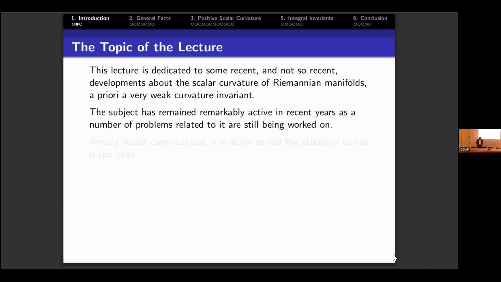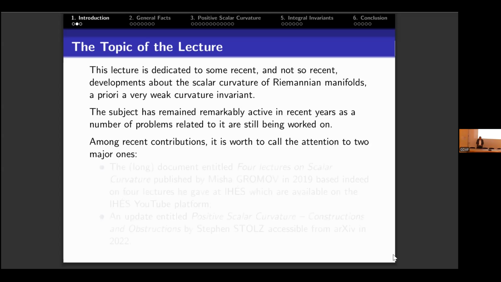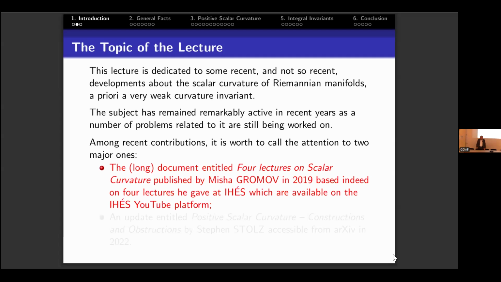What has been really remarkable is that the topic has undergone a number of transformations and has remained active until very recently. I want to draw attention to two recent documents, one which you can even watch because it's online, by Misha Gromov, who gave 4 lectures on scalar curvature in 2019.